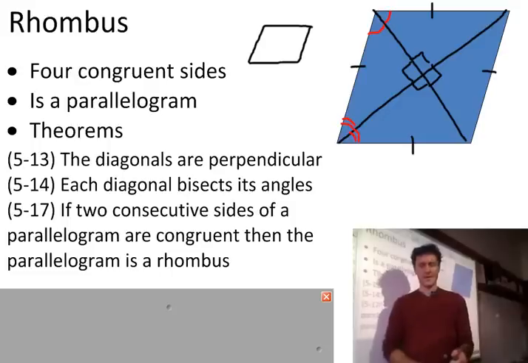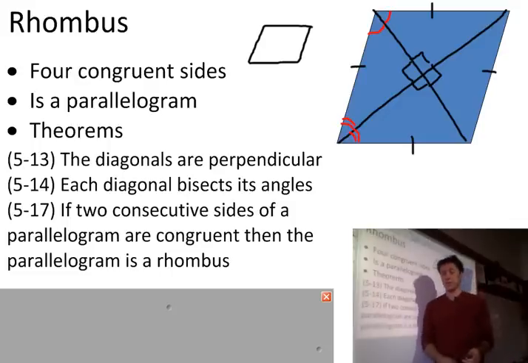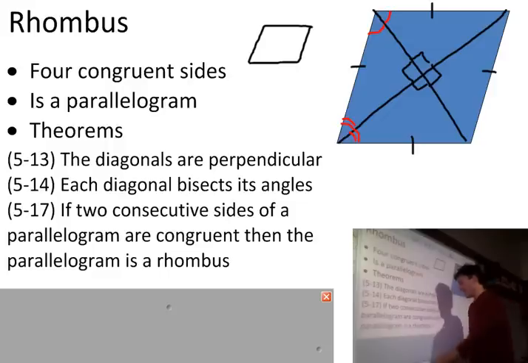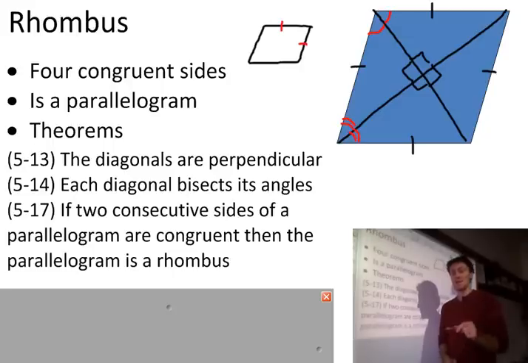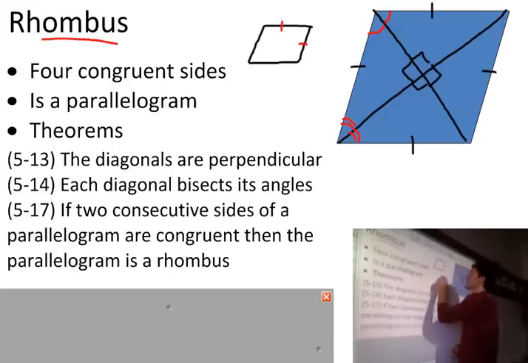I don't know if it's a rhombus yet or not, but if I tell you that's a parallelogram, and then I tell you that this side and this side are congruent, those 2 consecutive sides, then for sure we know it's a rhombus.